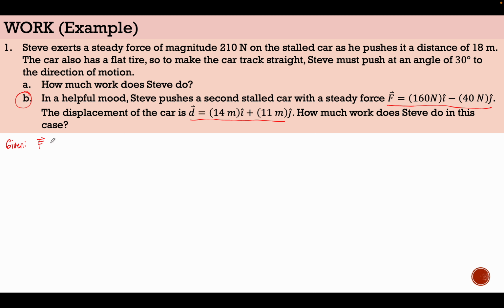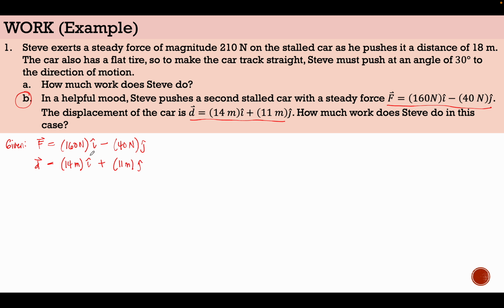The vector force F is equal to 160 newtons i hat minus 40 newtons j hat, and for the displacement we have 14 meters i hat plus 11 meters j hat.